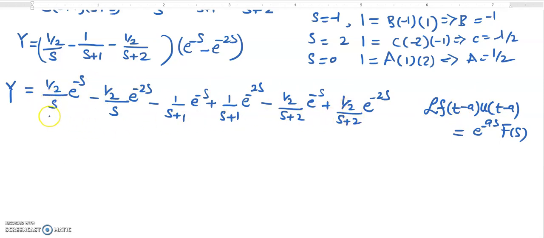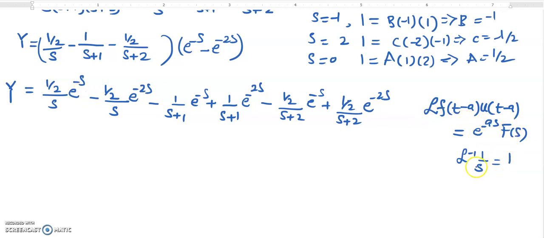In the first term, the function F of s is 1 over s. The Laplace inverse of 1 over s, we know, is 1, or the Laplace of 1 is 1 over s.